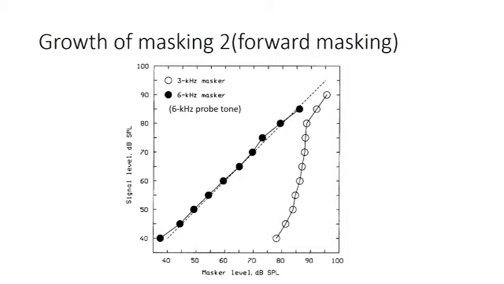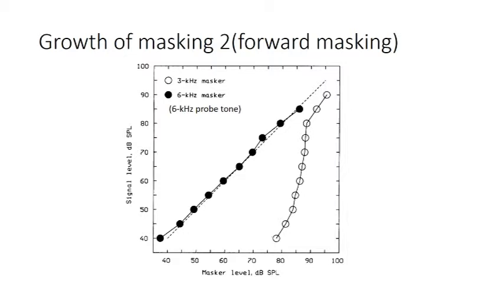If we have the probe tone, the target tone, which is 6,000 hertz, and the mask is also 6,000 hertz, then we have these lines connected with black markers.